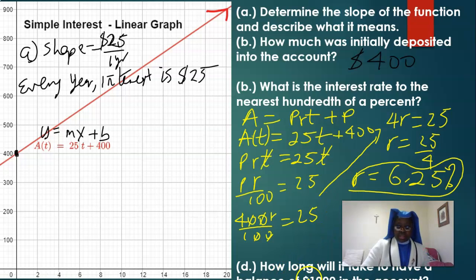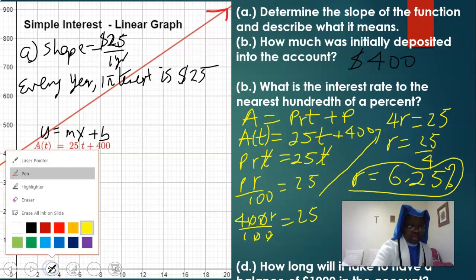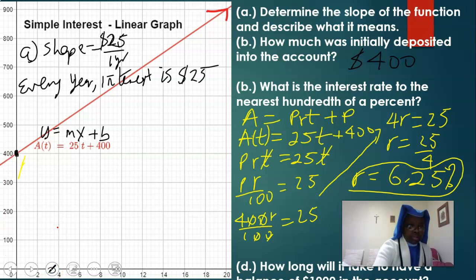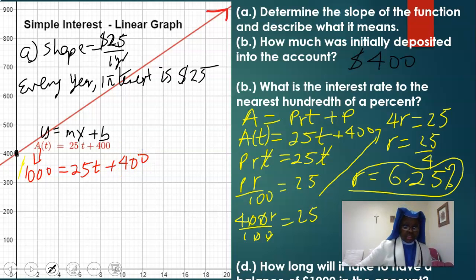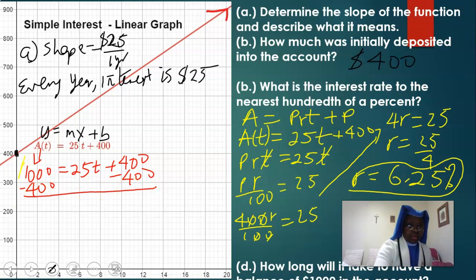The question here is how long will it take to have a balance of 1,000 in the account? So we are looking for A of t equal to 1,000. The final amount is going to be 1,000. So 25t plus 400. We just solve the equation. We can subtract 400 from both sides first. That would give us 600 equals 25t.